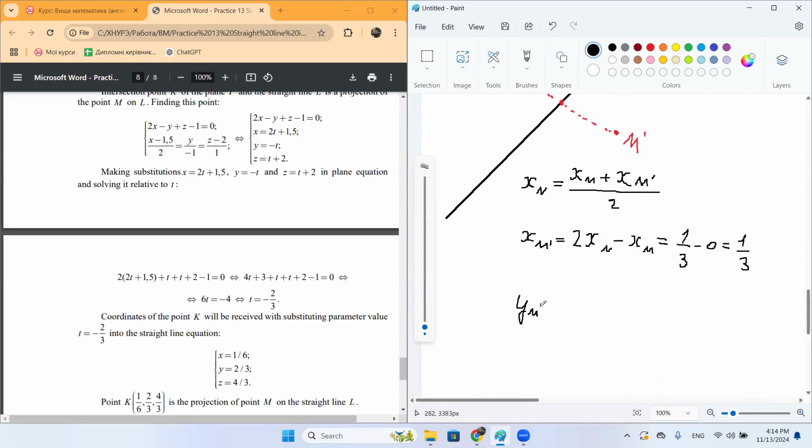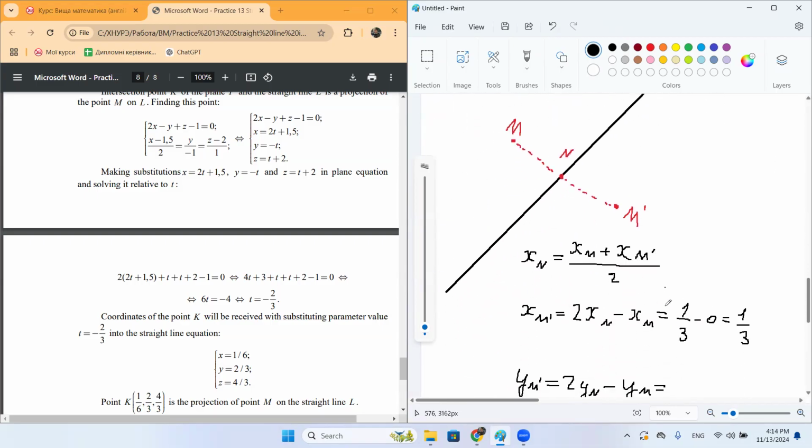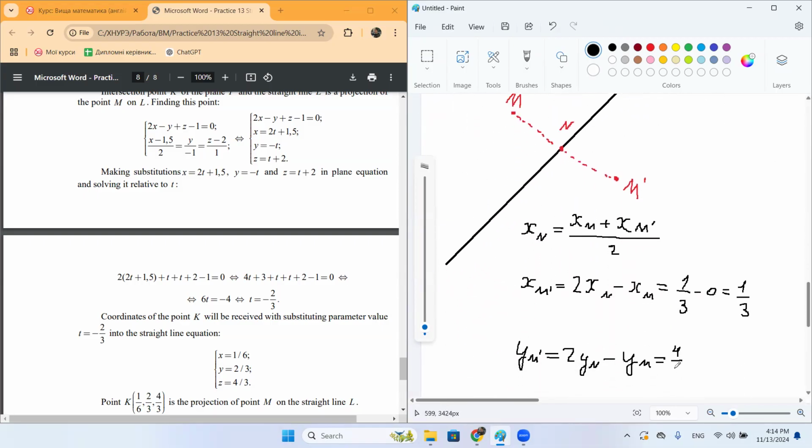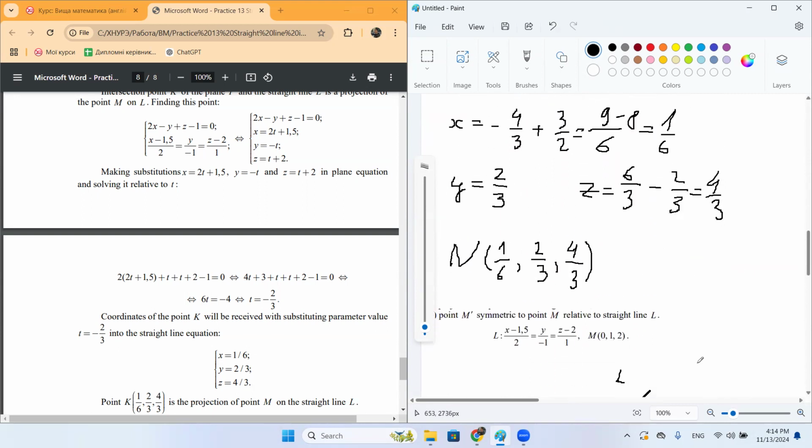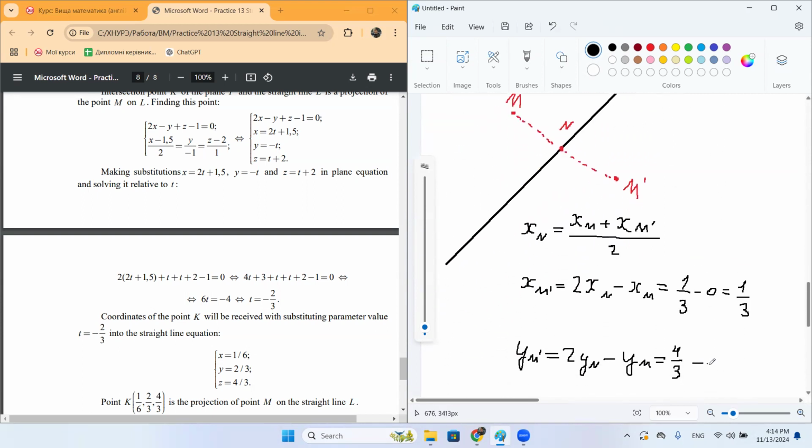Analogically to y, 4 thirds minus 1, so it equals 1/3.